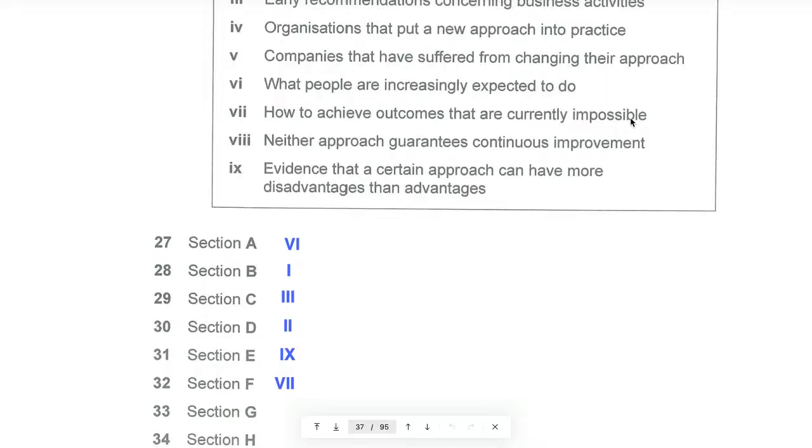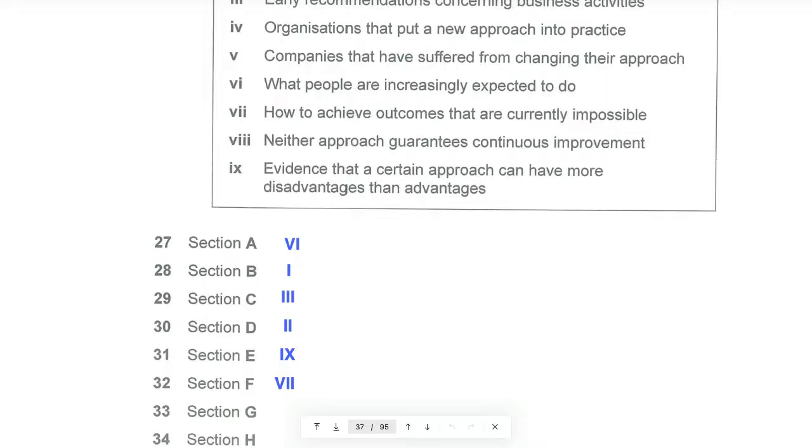Yes. Okay, how to achieve outcomes that are currently impossible. It means how to achieve or receive the results that are now impossible. That means now it is impossible to do that or to achieve that outcome. But they will show you the way how to make it happen, maybe in the near future. So that's what you expect to see or to read in that section, right?